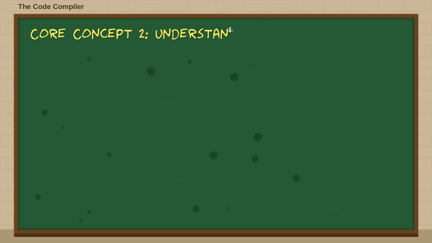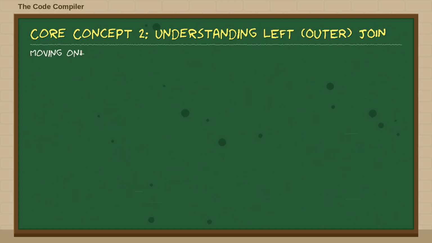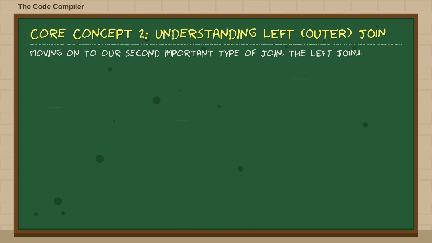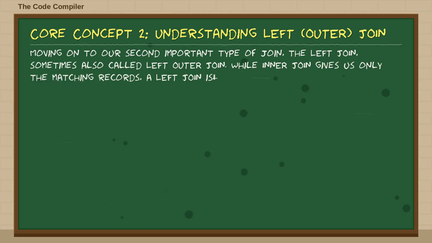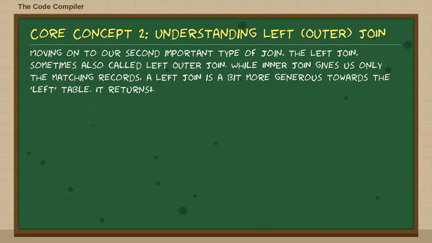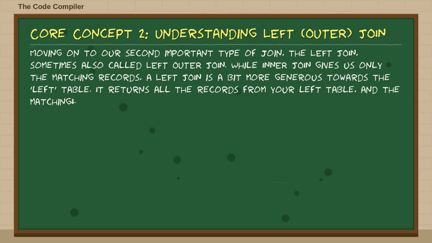Moving on to our second important type of join, the left join, sometimes also called left outer join. While inner join gives us only the matching records, a left join is a bit more generous towards the left table. It returns all the records from your left table and the matching records from your right table.